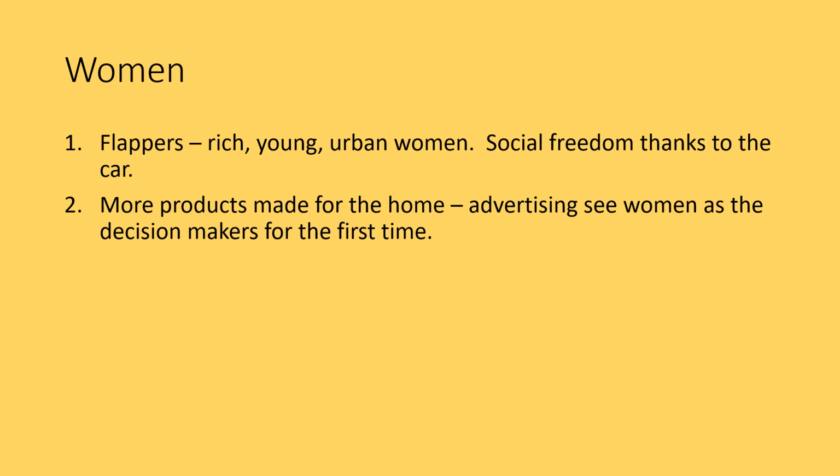And that means we start to see them almost grow in a bit of consumer power, very similar to how we're going to see that happen with teenagers in the 1950s. More on that obviously when we get to our 1950s revision PowerPoint. So more products are being made for the home, and they are completely targeted at women, and the advertising sees women as the decision makers in their household for the very first time. Previously, it was very much the job of the man.